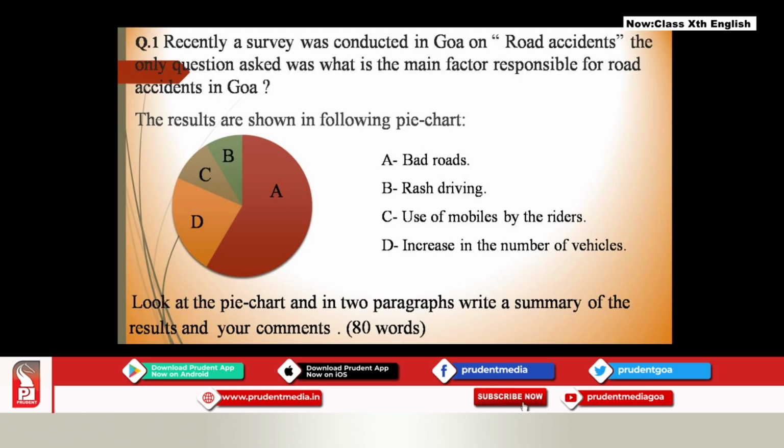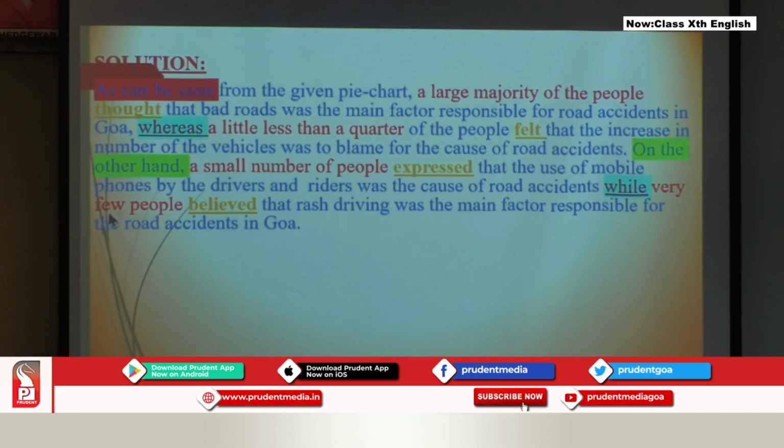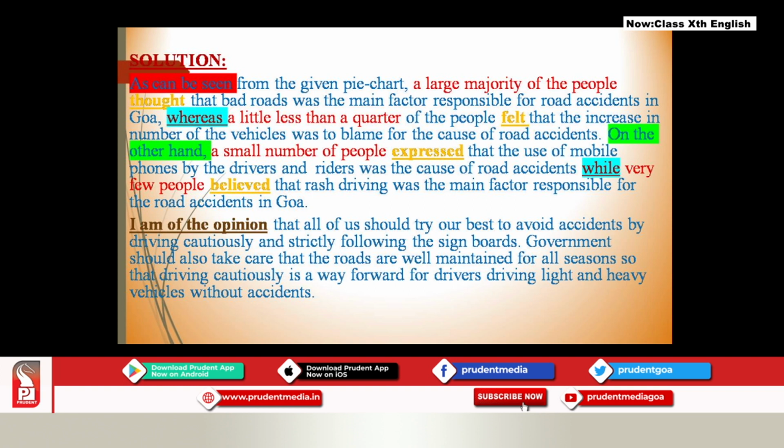So, this is much less than a quarter, and this is a small number of people, or we will use for this a small number of people, and much less than a quarter. Let's see. On the other hand, I used a small number and very few people. These 2 expressions. So I begin my second sentence.